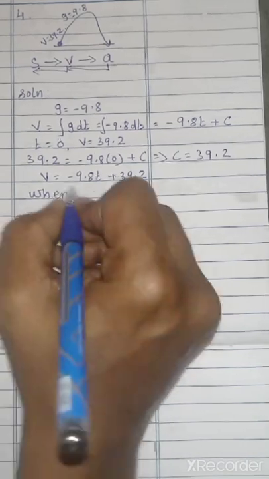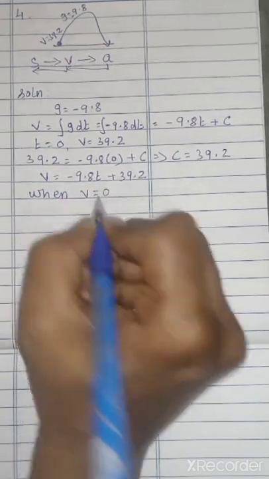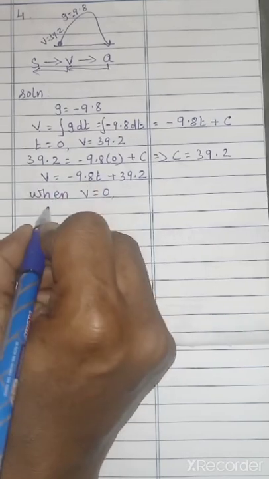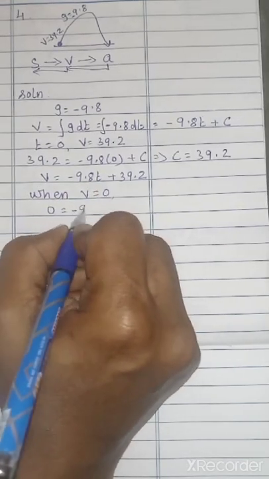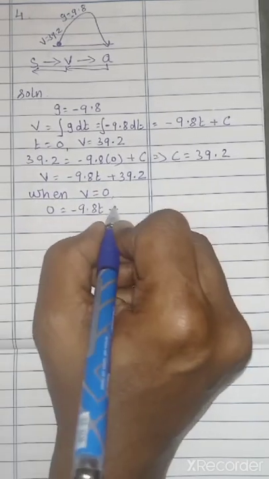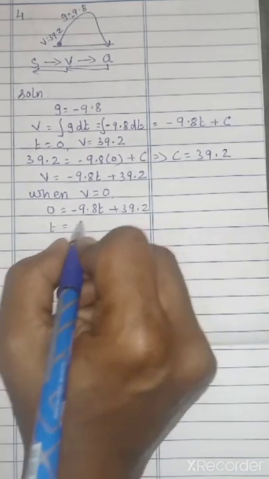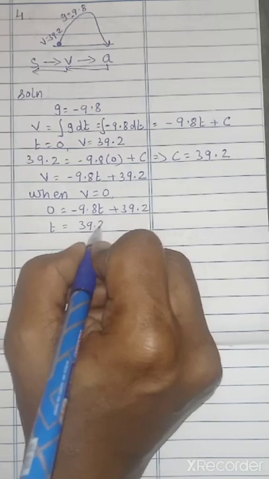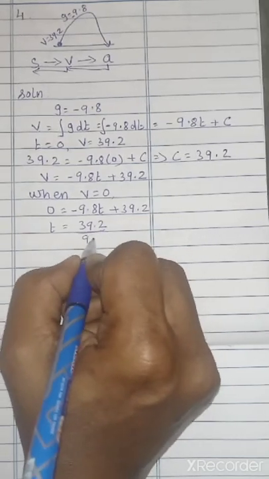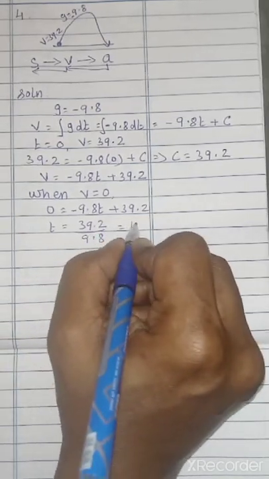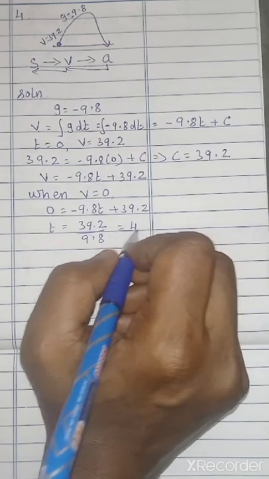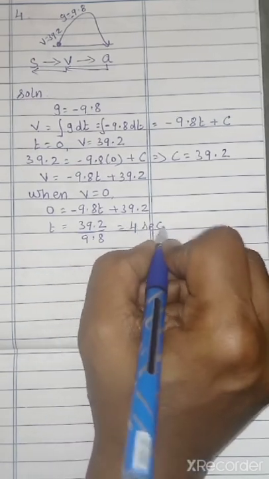So when v equal to 0, we put 0 in place of v: 0 equals minus 9.8 t plus 39.2. So t equal to 39.2 by 9.8, that is equal to 4. So it will take 4 seconds.